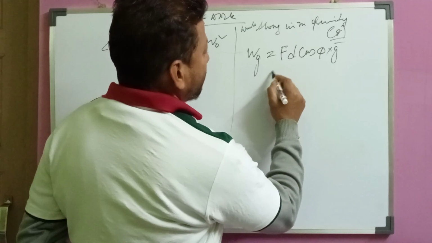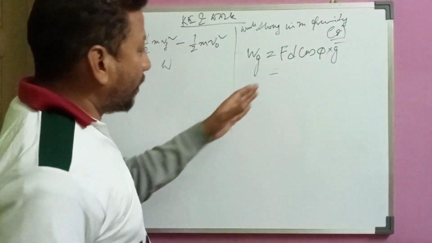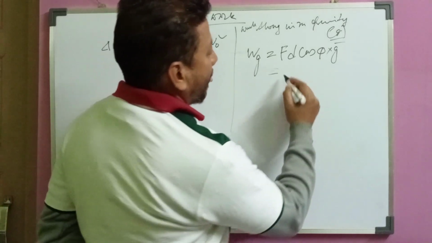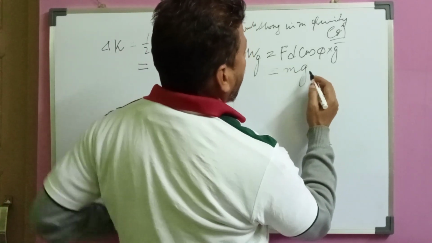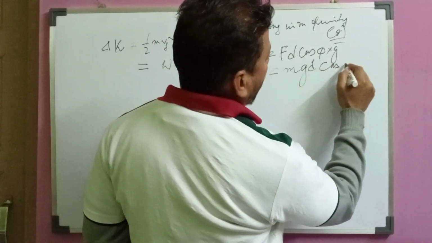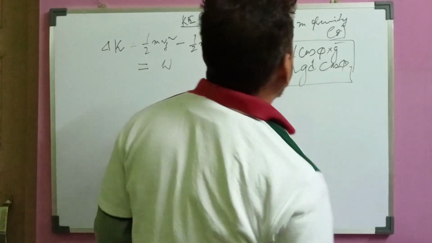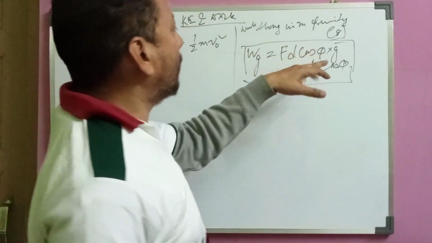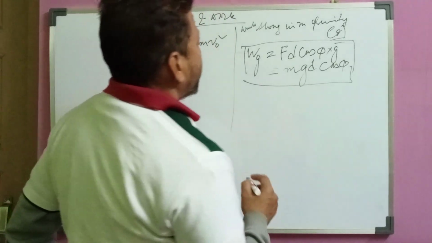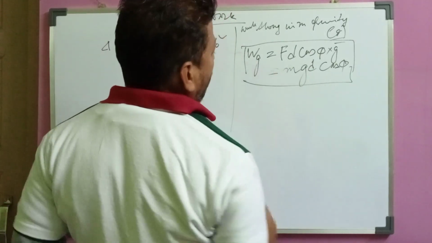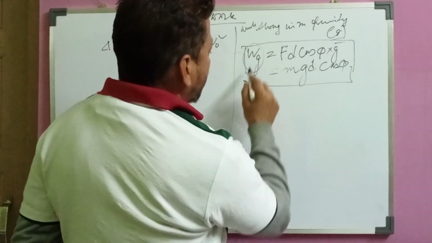Fs, we did the work like this. So m mass, mg d cos phi. This will give you another, the work along with the gravity. Okay, so now as usual, what is work?